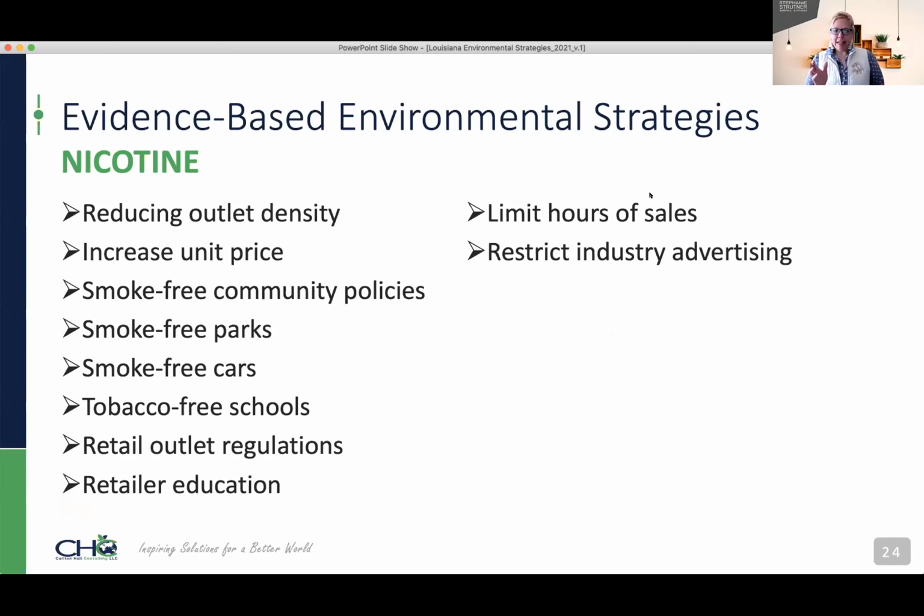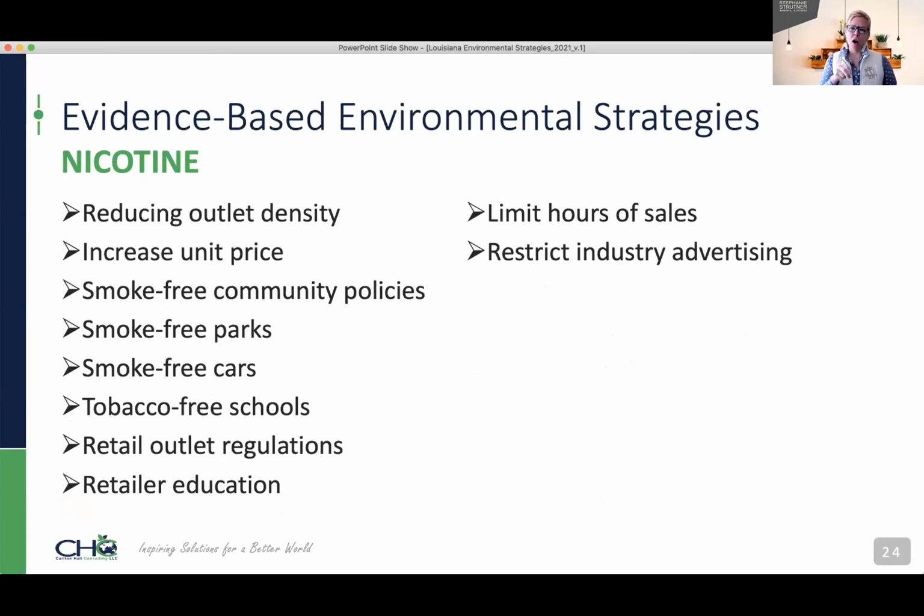Let's look at nicotine. If we look at evidence-based environmental strategies surrounding nicotine, again similar to alcohol: reducing outlet density, increasing the unit price, having smoke-free community policies.